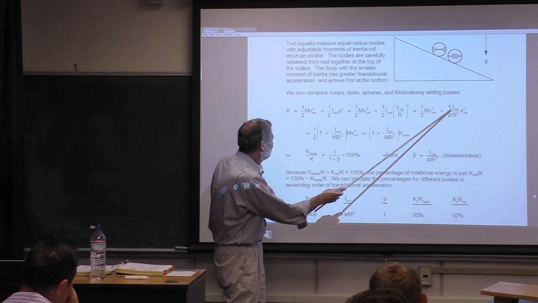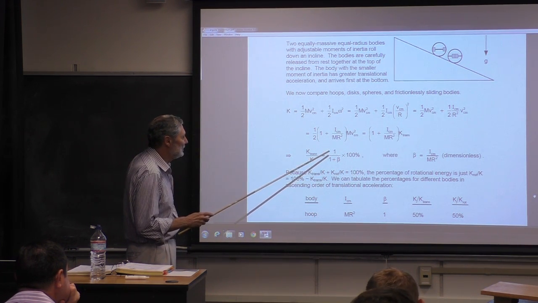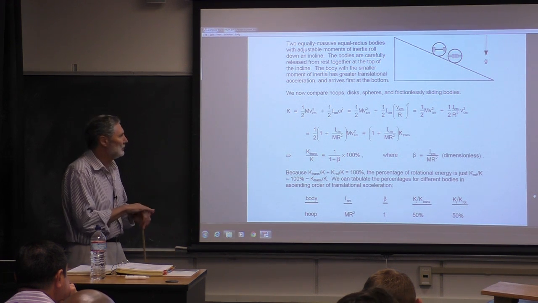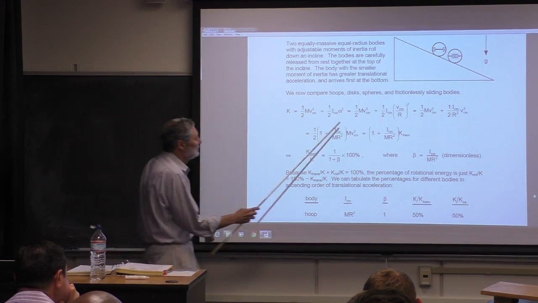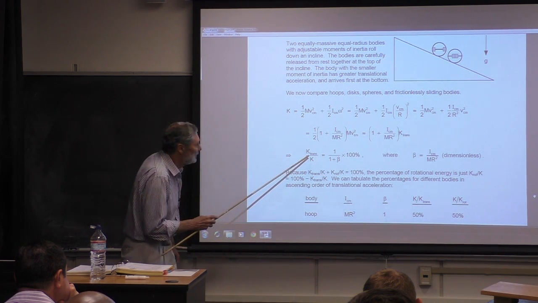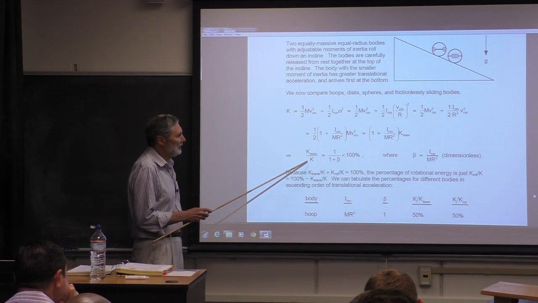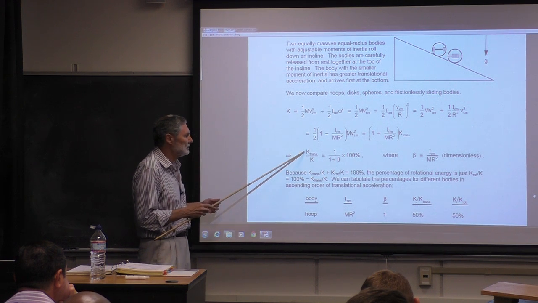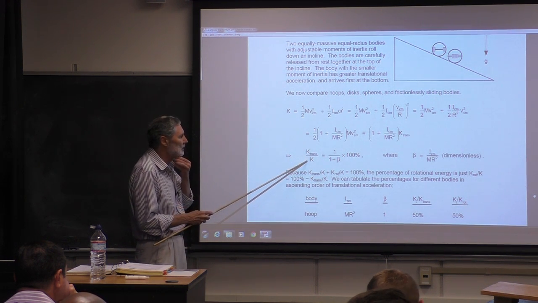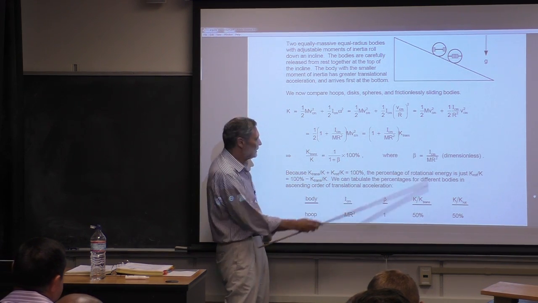Now we can factor out V_CM, and it's convenient to solve for the translational kinetic energy, because if we want it to get to the bottom first, we want to maximize the translational kinetic energy relative to the rotational kinetic energy. So you can follow through with this. We can put it in the following form: the percentage of the energy at any point in time in the translational motion, the translational kinetic energy divided by the total energy, is 1 over 1 plus beta, this dimensionless quantity here.